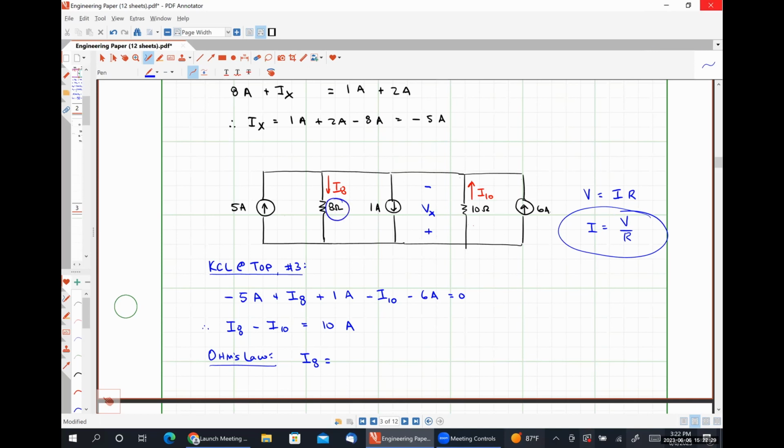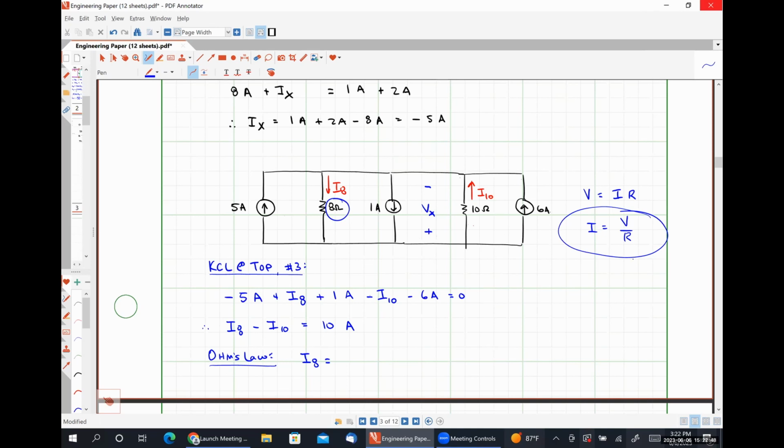Wouldn't you have to take the average of both resistors since they're in parallel? No, because I want the current that's just flowing through the 8 ohm resistor. Oh.